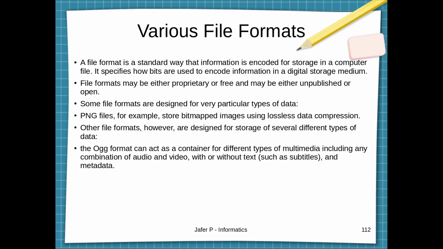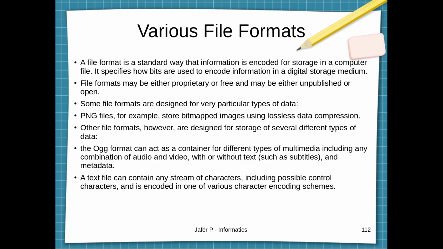This container may include any combination of audio, video or text. Text means subtitles for the video, right? Or you can combine all these types of data in a single container. That is called as OGG format. Not only the audio, video and text, but also there is metadata. That is data about the video or data about the file.